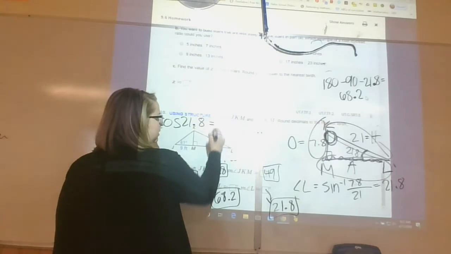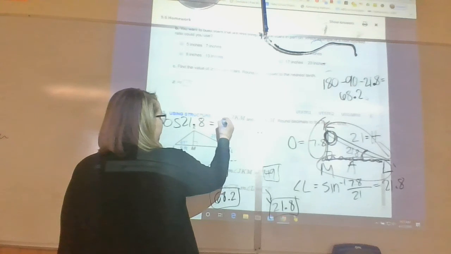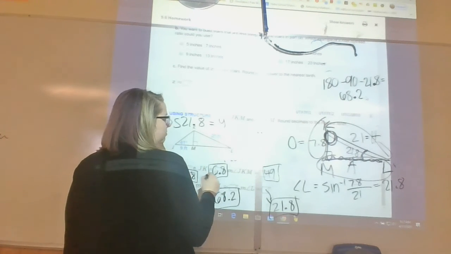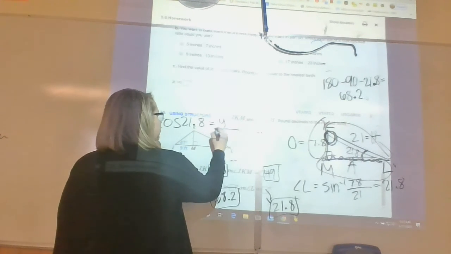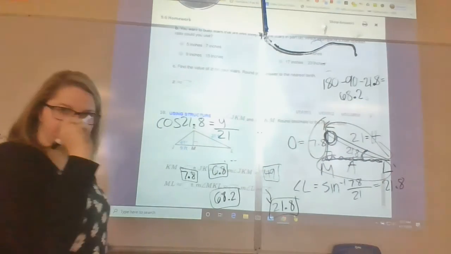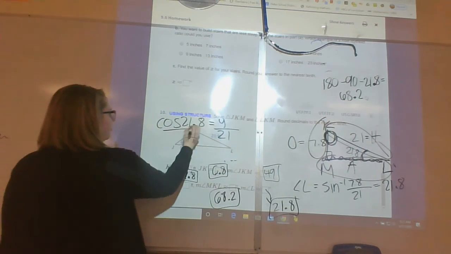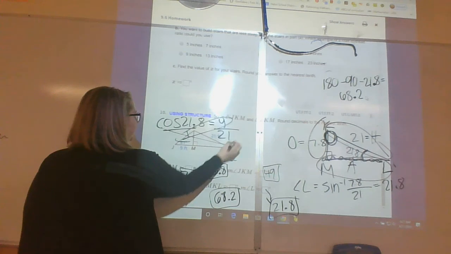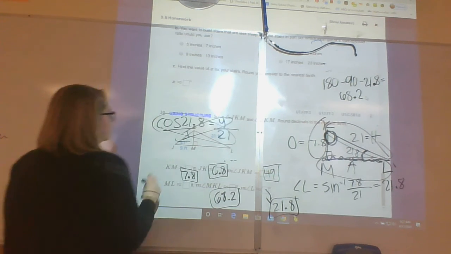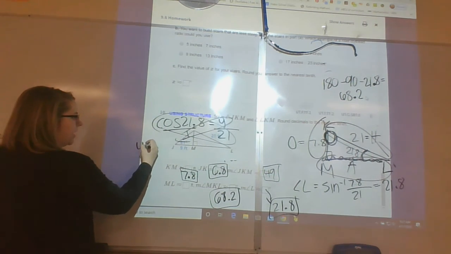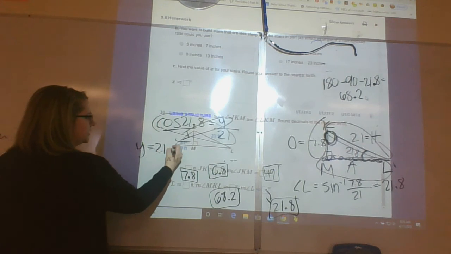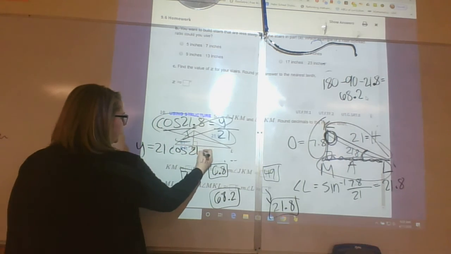equals, we don't know what that is. I'm going to call it y, my adjacent side over my hypotenuse, which is 21. Okay, I put this over 1. I can cross multiply. So now I have y times 1 was just y equals 21 times cosine of 21.8.